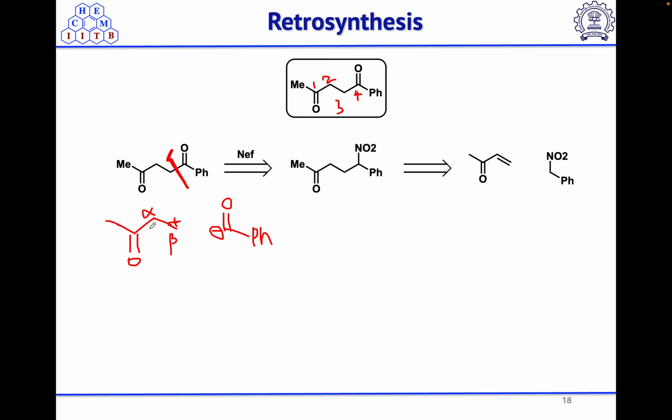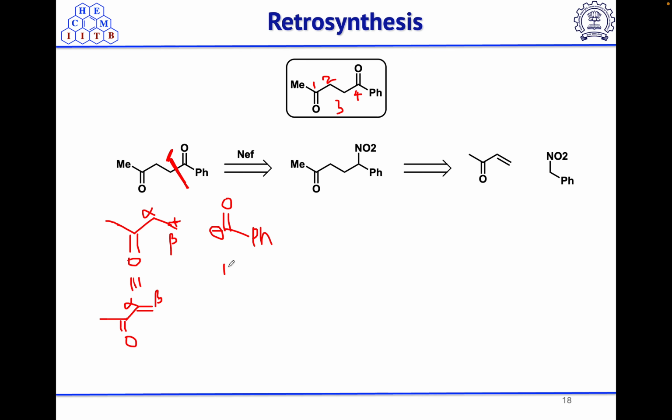If we are thinking about an alpha, beta positive charge, we can easily think about an alpha, beta unsaturated carbonyl compound. So this acceptor synthon could be derived from the alpha, beta unsaturated compound, which will be the synthetic equivalent, right?